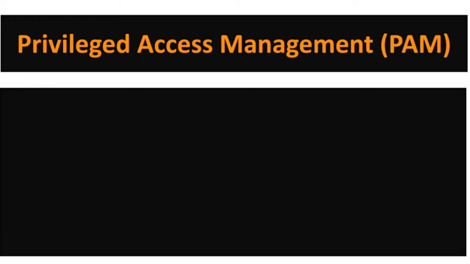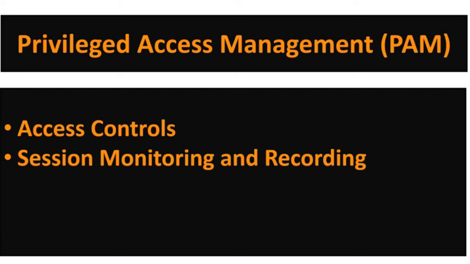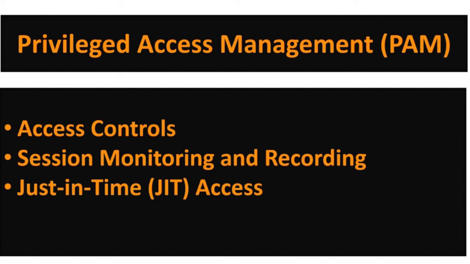Let's see some of the key components of a PAM system. First is access controls. This enforces policies to limit privileged access only to users who need it. Next is session monitoring and recording. We track and record activities during privileged sessions for accountability and auditing. Next is just-in-time access, which we discussed previously.